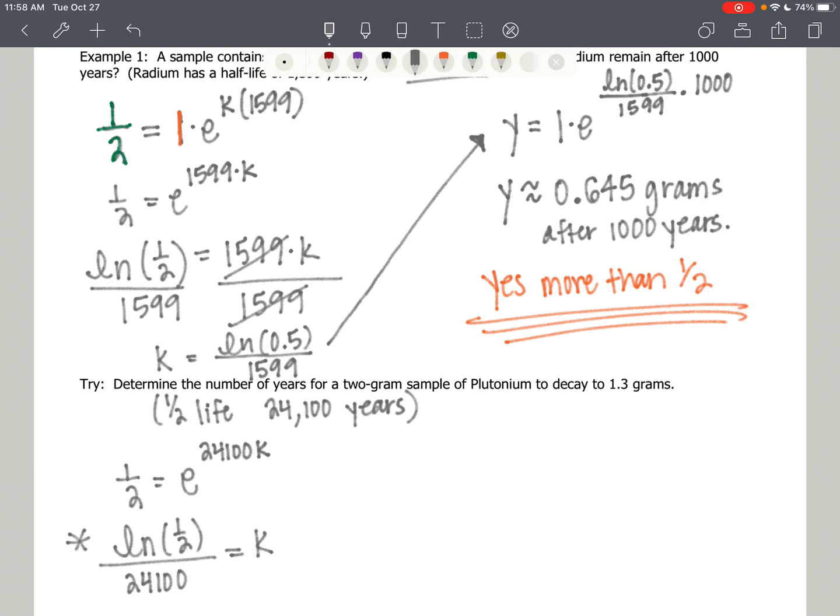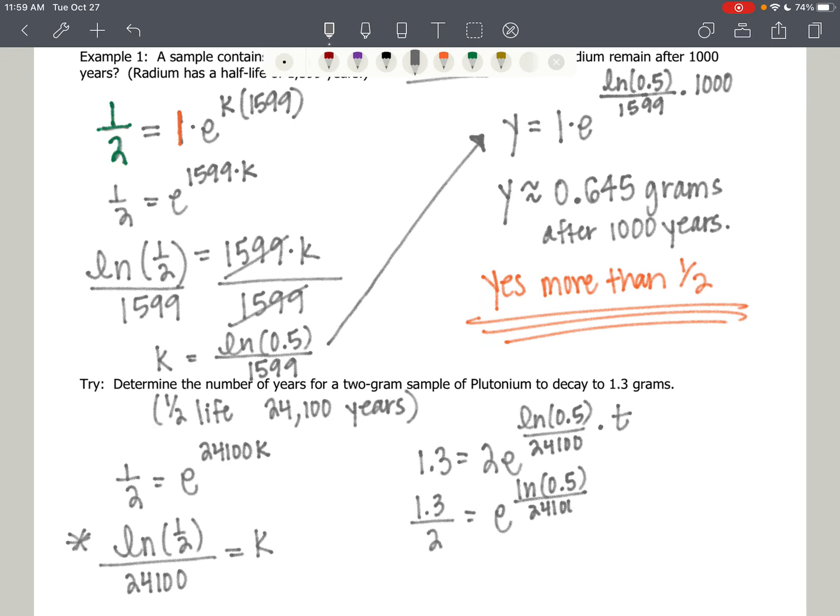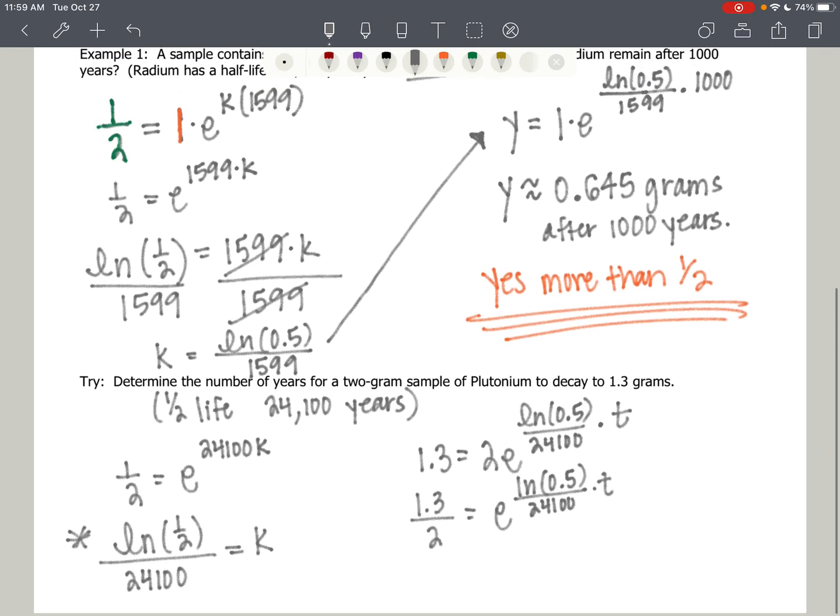Okay, so I'm showing my work here. If we start with 2 and we end with 1.3, how much time is that going to be? So I'm going to divide both sides by 2. This is calculator intense.